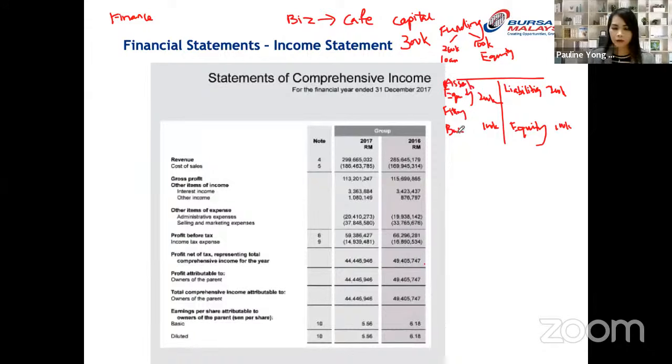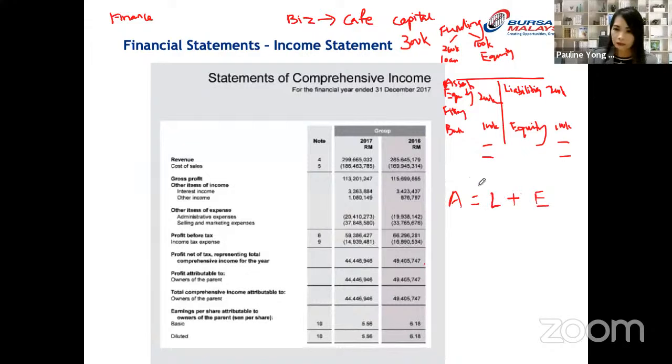These are all the assets, which means that this balance sheet has to balance. Meaning assets is equal to liability plus equity. Just now, we were looking at the net tangible asset, right?